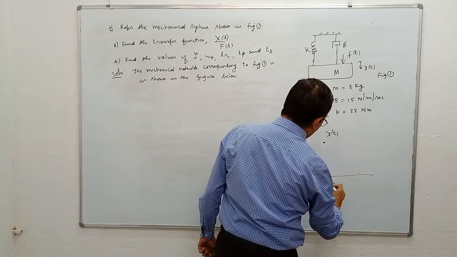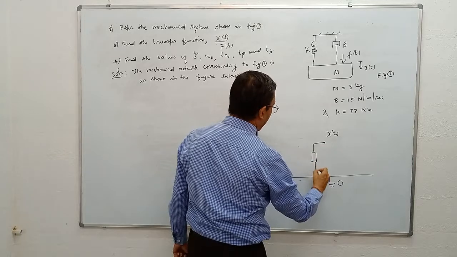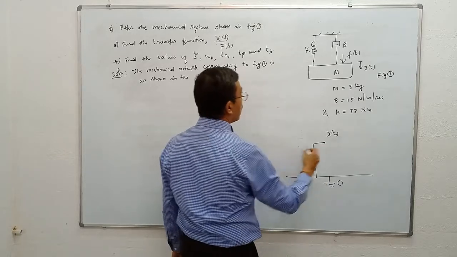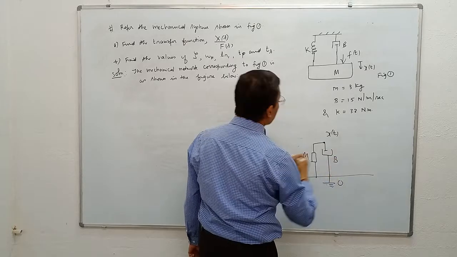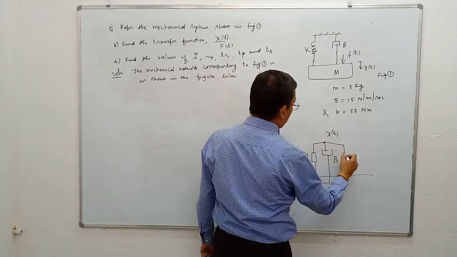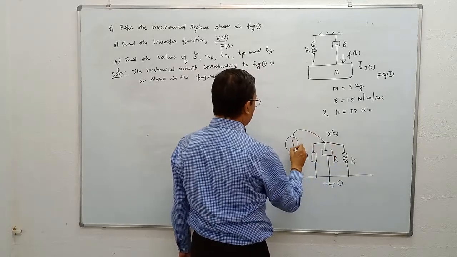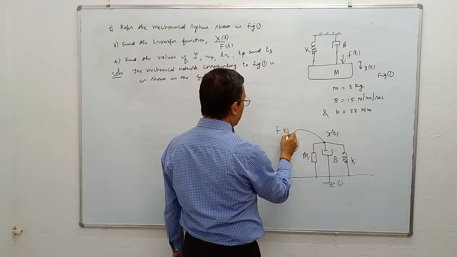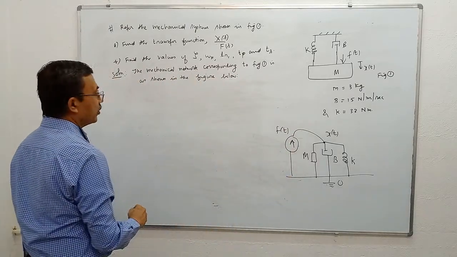The other node will be the reference node. Mass m is connected between x of t and ground. Damper is connected between x of t and ground. Spring is connected between x of t and ground. To node x of t, we inject the force F of t. This is the mechanical network.